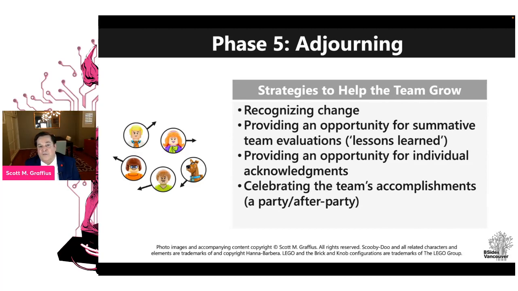And that is, firstly, as it relates particularly to potential sadness or potential mourning, or just a good practice, recognizing change. It might be quite obvious that everything is over and people need to return to their regularly assigned responsibilities, if that's the case.